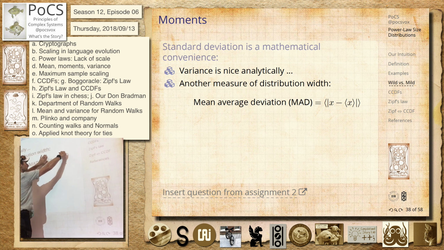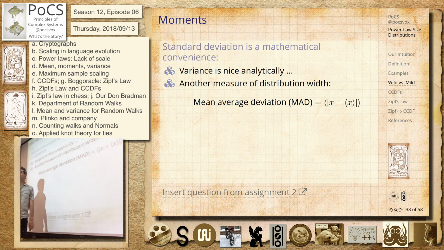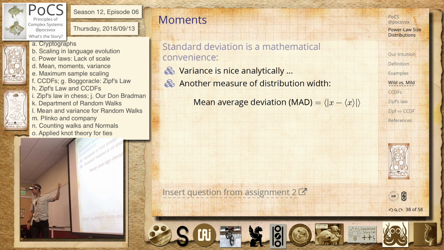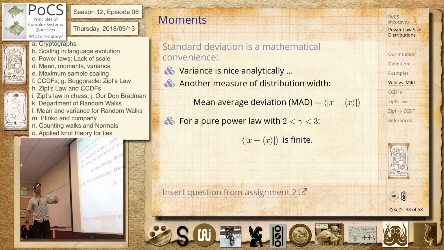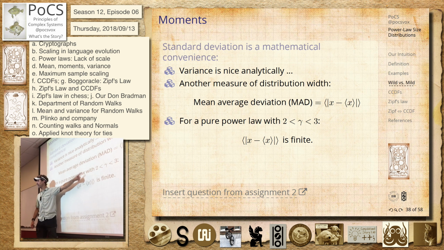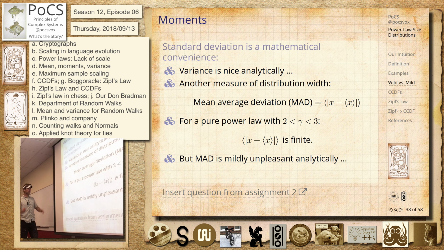So what we do instead is we put a square here, and then we take the square root, the root mean square. It has nice mathematical properties. This doesn't, right? This is a messy thing to work with, but it has different scalings if you do that, actually. So this is finite for this thing where the variance blows up. This is a finite quantity. Mean average deviation is not used that much because of math, even though it's very basic.